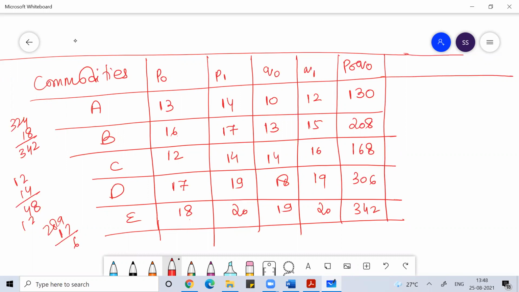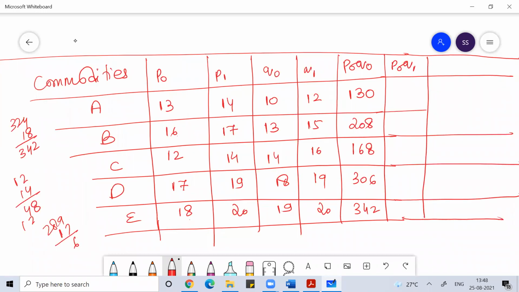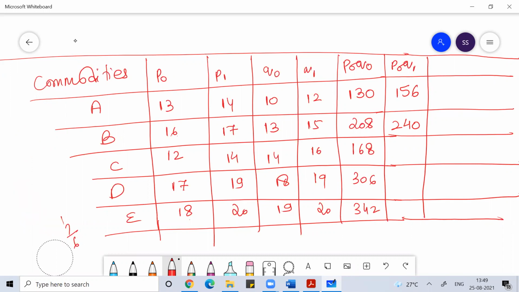Then P naught Q1. 13 into 12 is 156. Then 16 into 15, 225 plus 15, 240, if I'm not wrong. Then 16 into 12, 192.